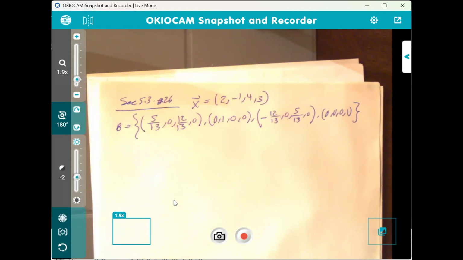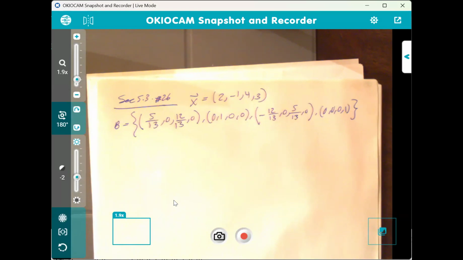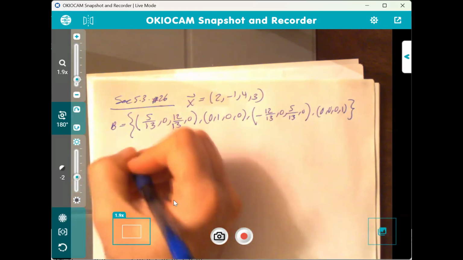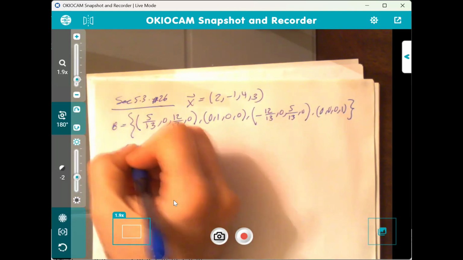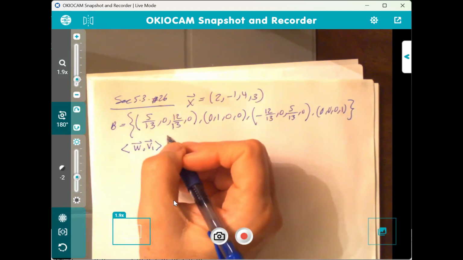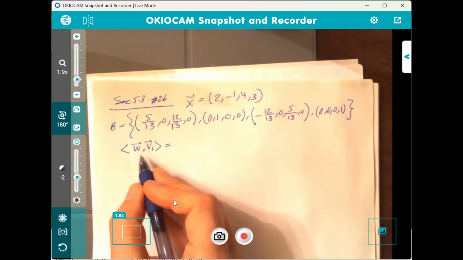Okay, so for number 26, again, we were given the basis, and we want to find the coordinates relative to the basis. So what I need to do is determine the inner product of W and V1. This is going to be the dot product.